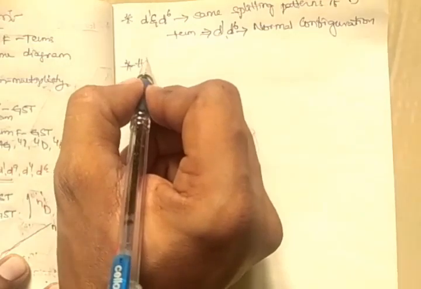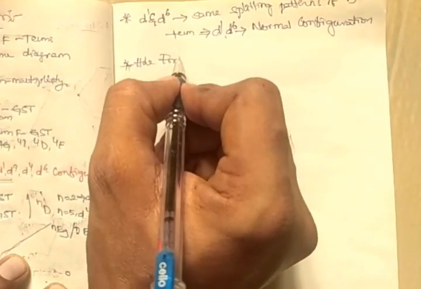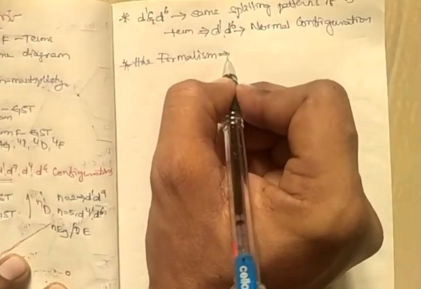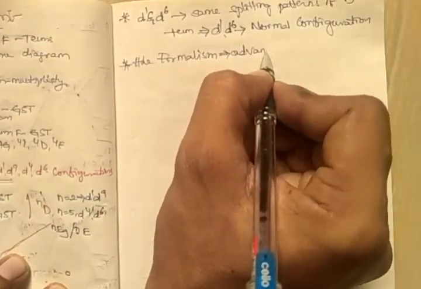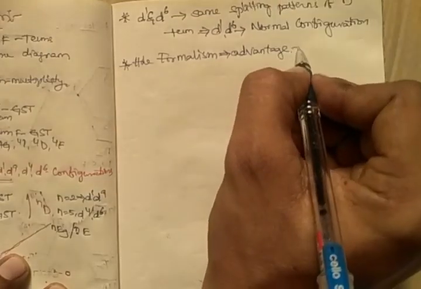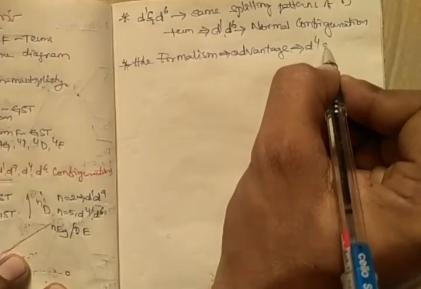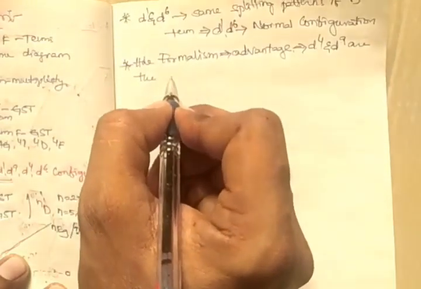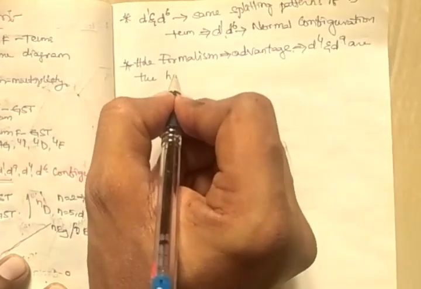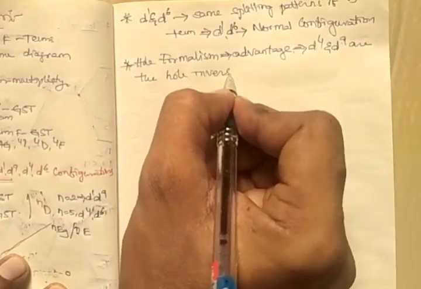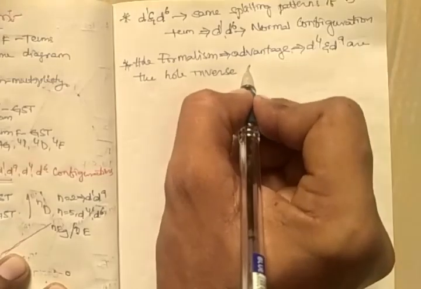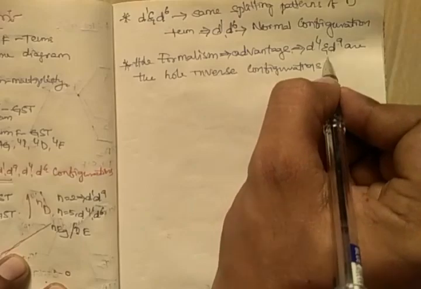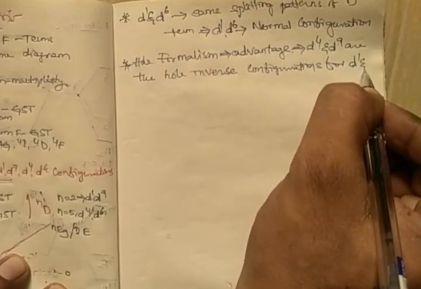And from the whole formalism, the D4 and D9 are the hole inverse configurations for D1 and D6.